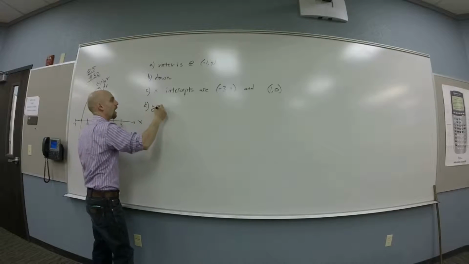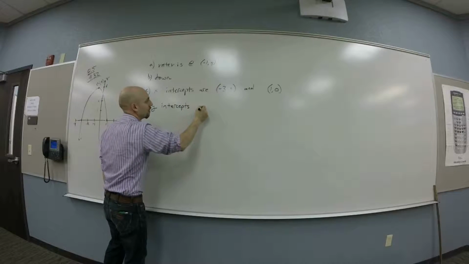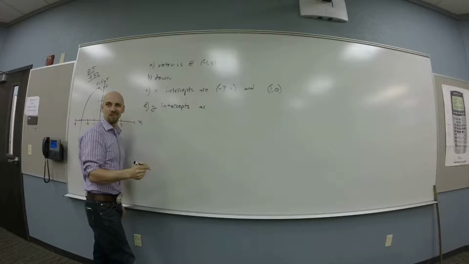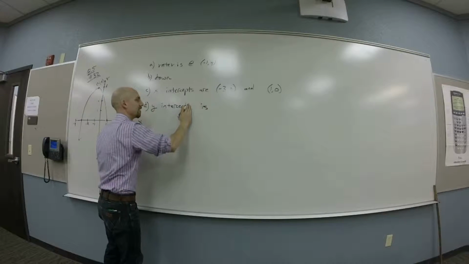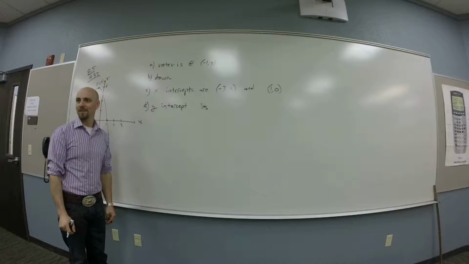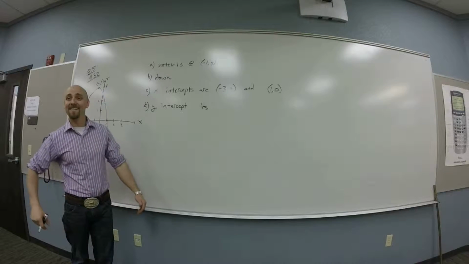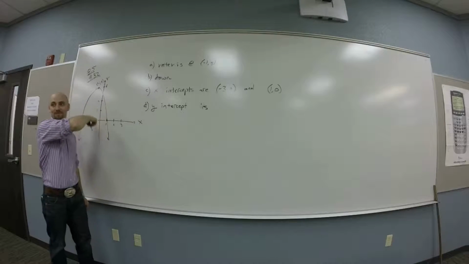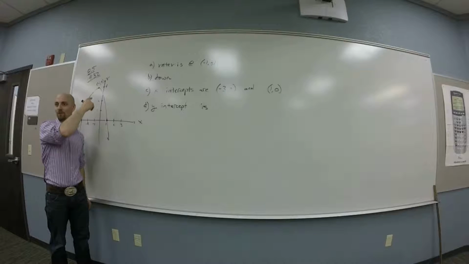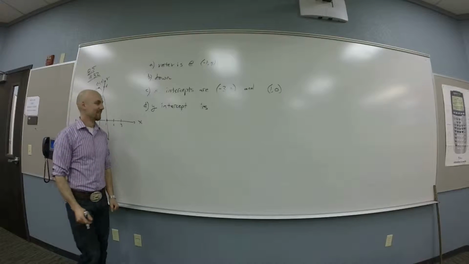D is the y-intercepts. Why is there only one? Because it's a parabola. Better, because if there were 2 dots on this vertical line, then it wouldn't be a function.